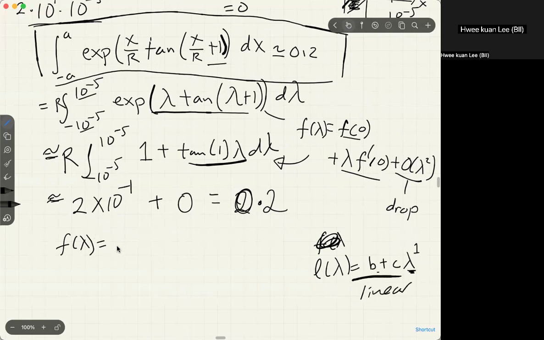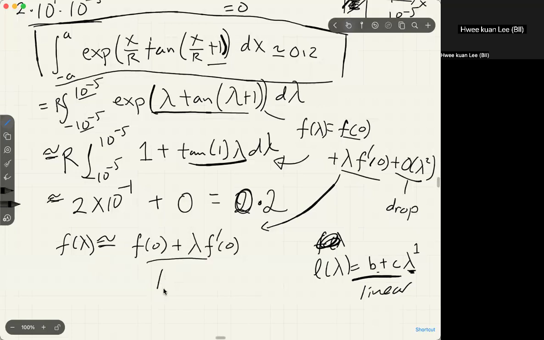So f is not linear, but we approximate it using the Maclaurin series to become linear. We can only do this when we know lambda is small. So when we want to solve an equation, you look at this gigantic equation like a monster, then you look at what is small in this equation. Then you can linearize. This is a linear function.